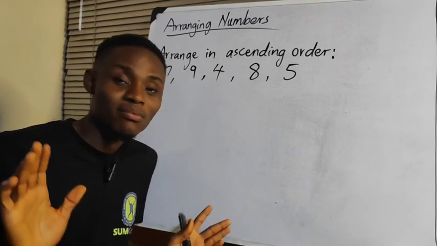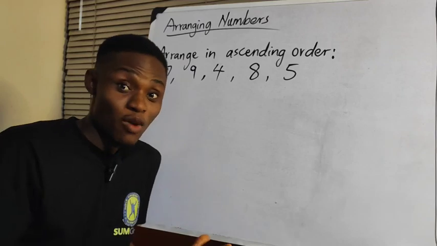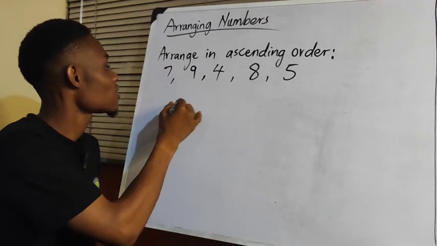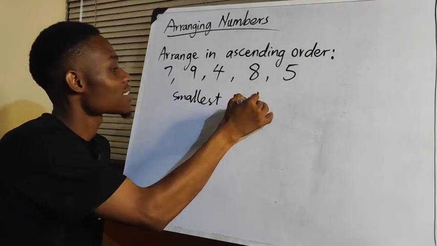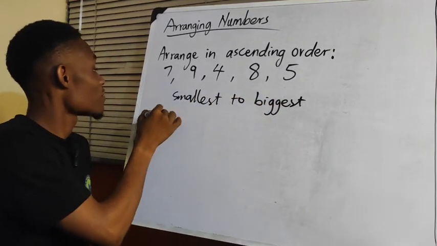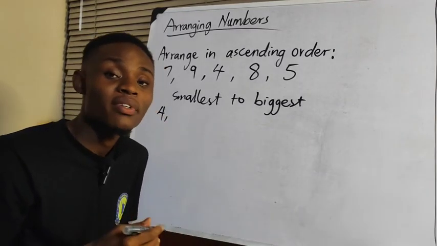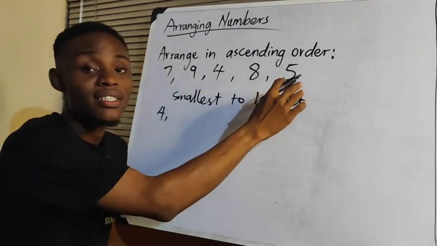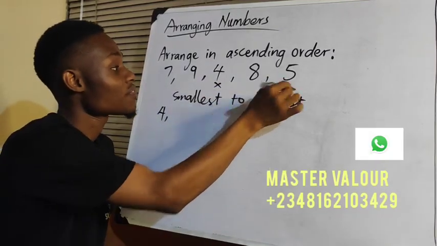I know you like me, but just give me the smallest share of candies. That would be 4, right? Good. So, smallest to biggest. So that would be 4. Now, what's coming after 4 in these numbers? 5, right? Okay, I'm going to take out 4. Now, 5.